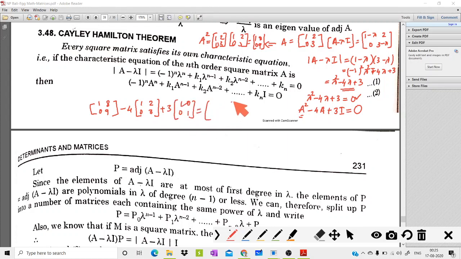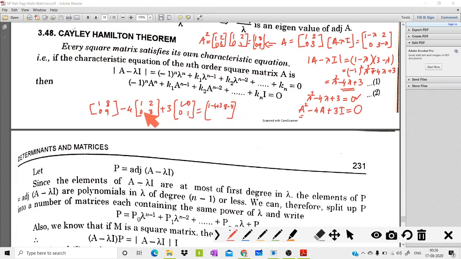So this will give 1 minus 4 plus 3, that is 0. I'll write the whole term here: 1 minus 4 plus 3, that is the first term. The second term will be 8 minus 8, that is 0, plus 0.